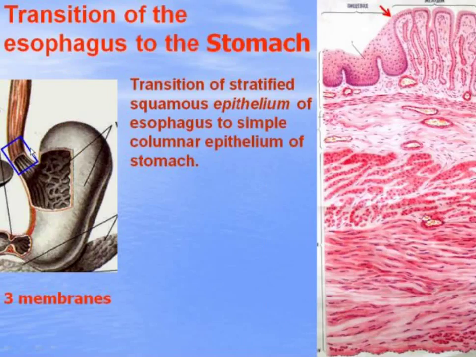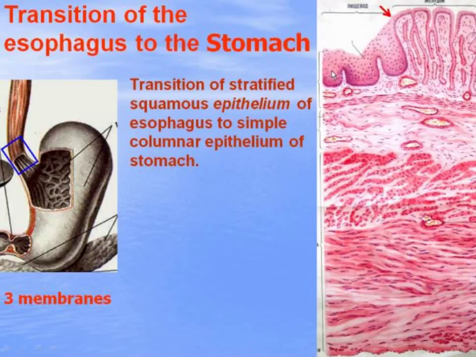This picture demonstrates the transition of the esophagus to the stomach. Under the microscope you can see that all membranes and layers of the esophagus continue into the same membranes and layers of the stomach.